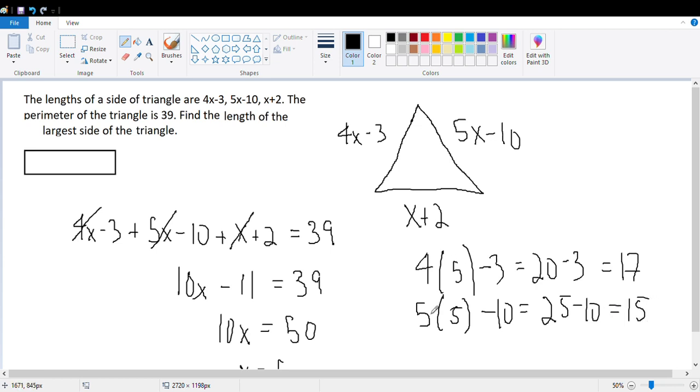And the bottom one is x plus 2, and that will become 5 plus 2, which is 7. And based on the quantities that we got, we find out that the longest side is this one right here, 17. So I'm going to write that as my solution here, 17, and that's the answer.